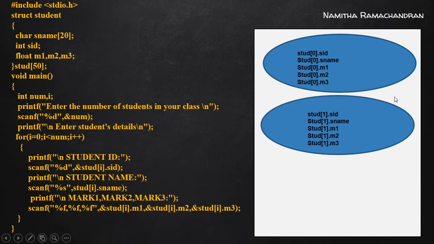This set of memory allocation needed for our first student is accessed using the structure variable stud of 0.sid, stud of 0.sname, stud of 0.m1, etc. All these indicate the members of our first student.